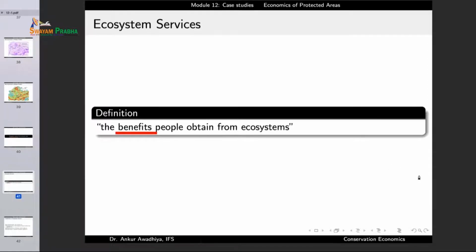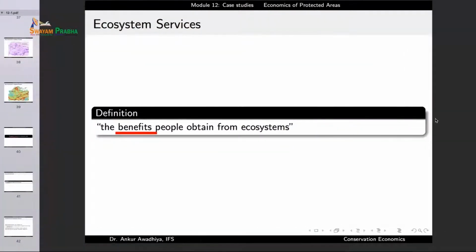If you want to make a protected area, you will have to convince people that it is going to be of benefit to the people. So we have to do a computation of the benefits that we can provide to people whenever we are making a protected area. So this is bringing us to the culmination of conservation economics, and you can get an idea that to do conservation, it is important to make use of economics to tell people that this project is going to be economically beneficial to the people, especially because we are living in a democracy.